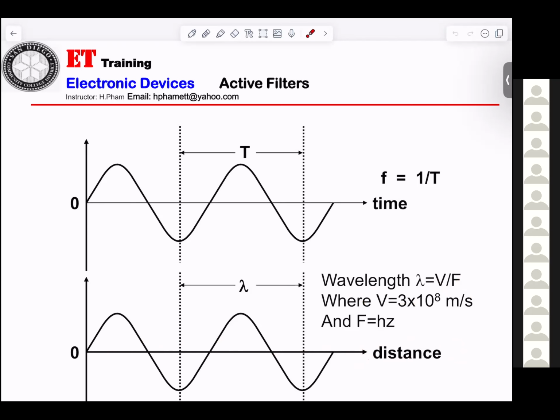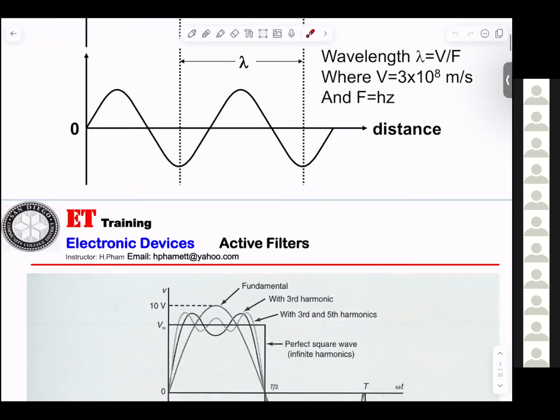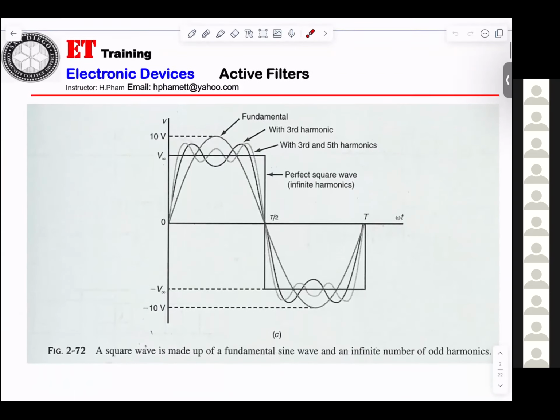That means they're talking about the signal transmitted over the air. Okay? That will be in RF, radio frequency. V is velocity, right? Right.